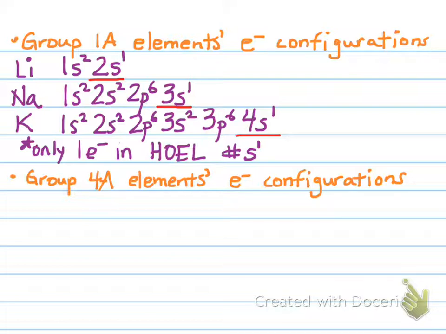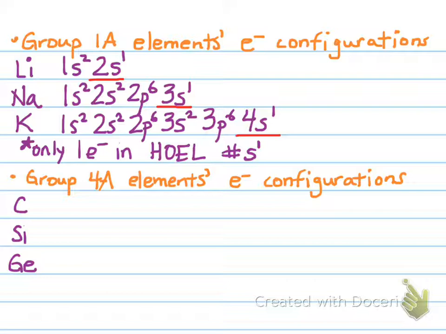So now I'd like you to do the electron configurations for the group 4A elements. Specifically, I'd like you to do carbon, silicon, and germanium. The best thing for you to do is to pause the video at this point, get out your periodic table, and write that out.